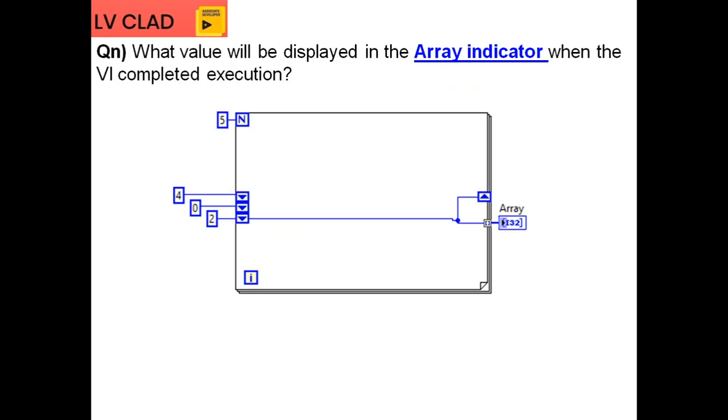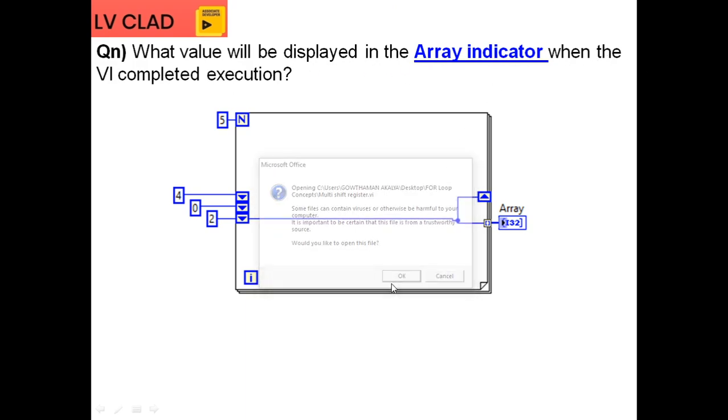What value will be displayed in the array indicator when the VI completes execution? Another important thing for this For Loop is whether the shift register is present or not, where we have wired it, and whether those things are initialized or not. That is very important, so we will discuss that along with the hands-on.